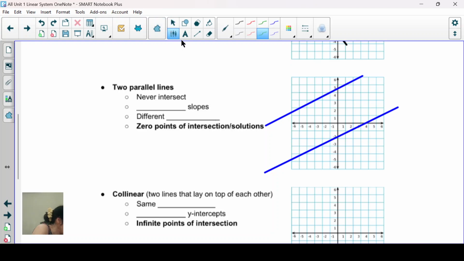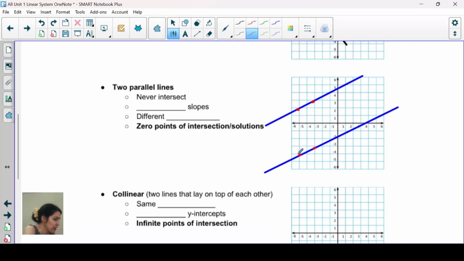If you see rise over run, for example from this point to this point, you have rise 1 and run 2. And on this one, you select two easy points, for example this point and this point.